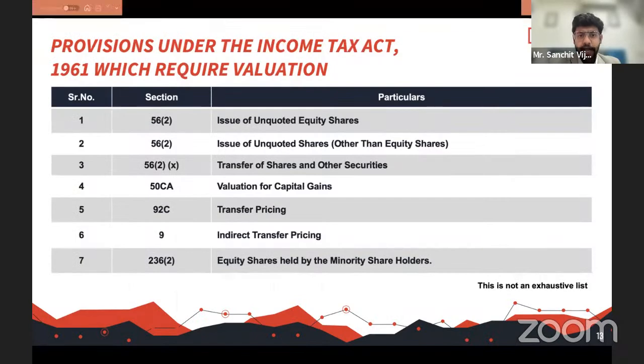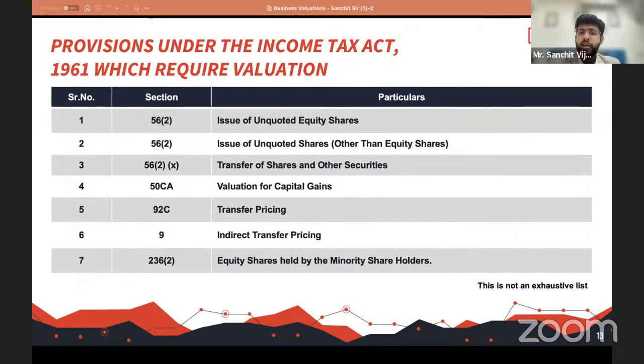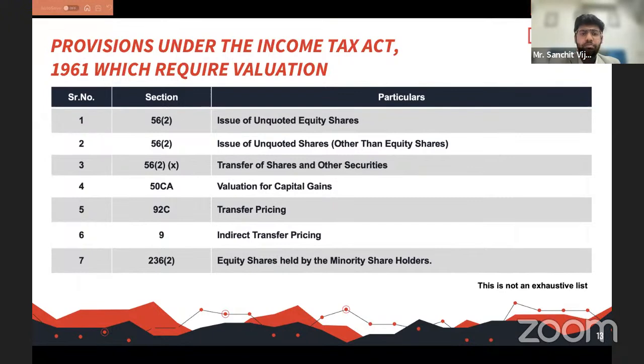Under the Income Tax Act, we require valuations for unquoted equity shares, transfer of shares, capital gain, transfer pricing, indirect transfer pricing, or even equity shares held by the minority shareholders.